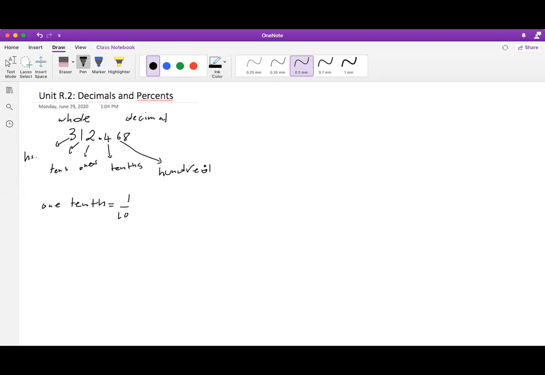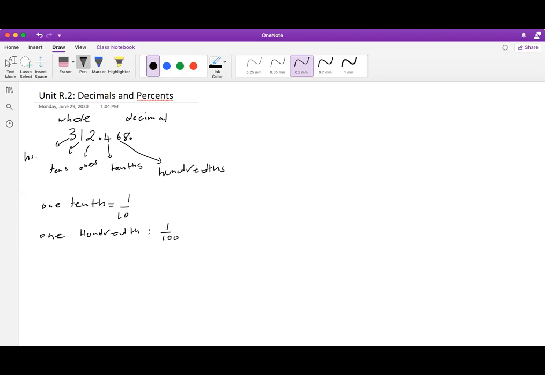So the hundredths. This is the hundredths, not the hundreds, just hundred with th. This is hundredths. That means 1 out of 100.